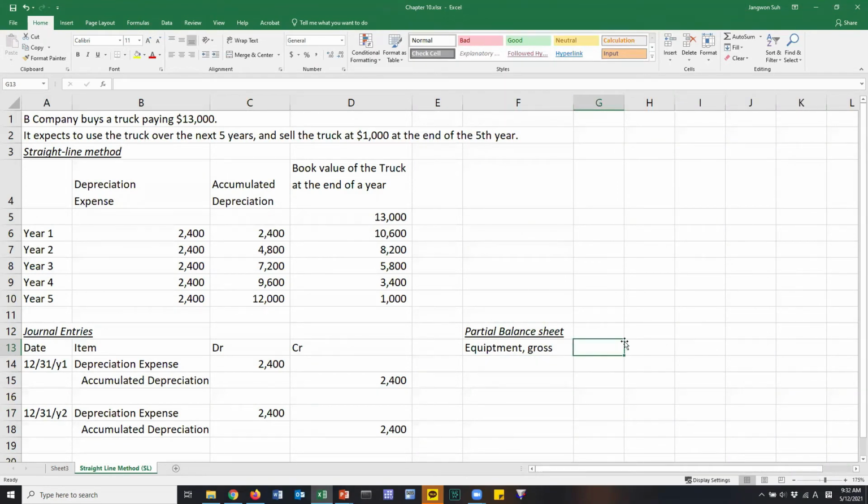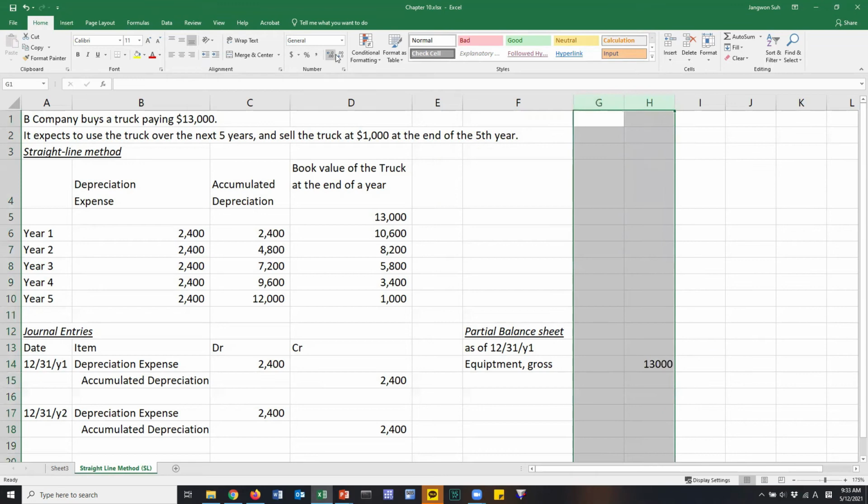By the way, the date is as of year 1. Your gross equipment value is the same, 13,000.